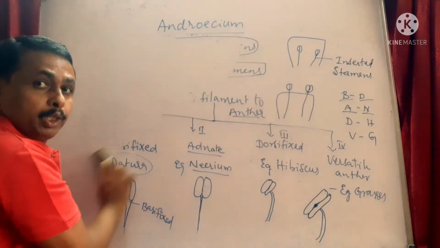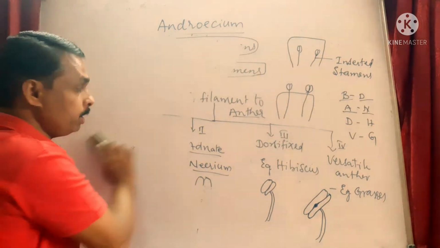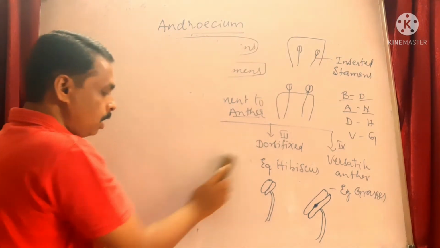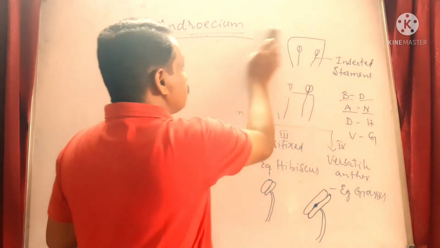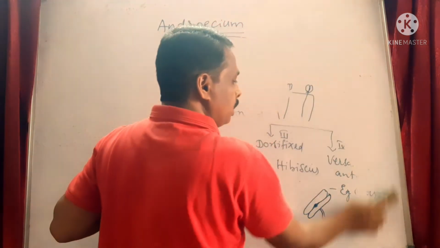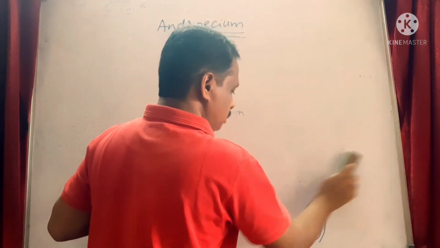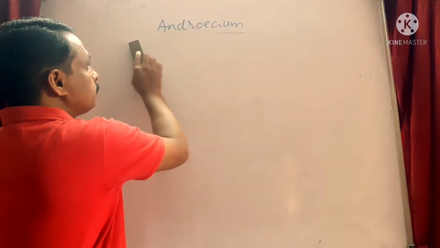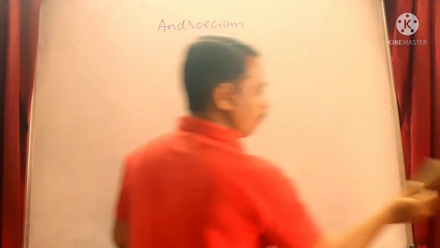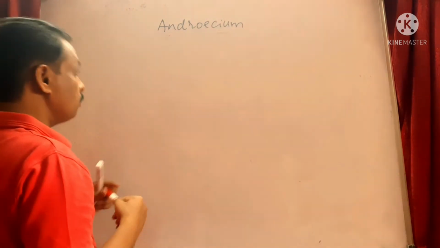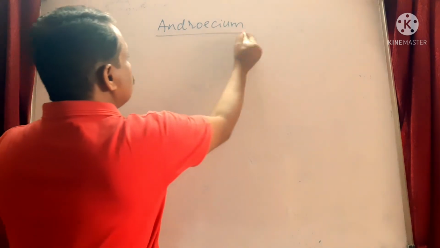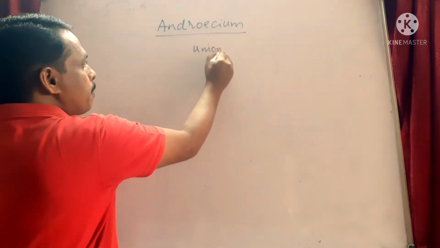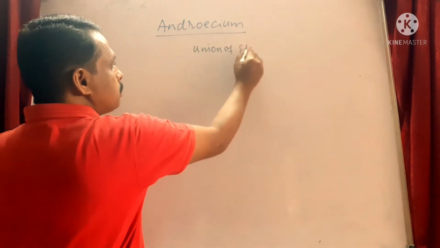Next topic is the union of stamens. The union of stamens with other floral organs or the same floral organs is called a union of stamens.